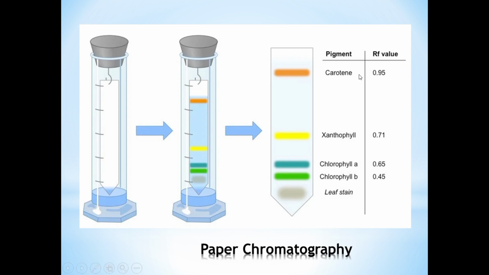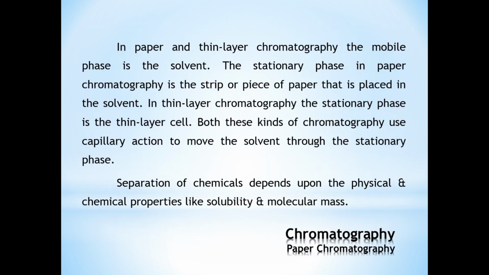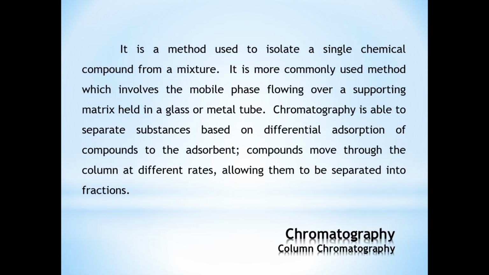As you see, the carotene reached here, xanthophyll is present here, then chlorophyll A and chlorophyll B. So photosynthetic pigments, sugar and amino acid can be easily separated by using paper chromatography. The separation of chemicals depends upon the physical and chemical properties like solubility and molecular mass in both paper chromatography as well as in thin layer chromatography.